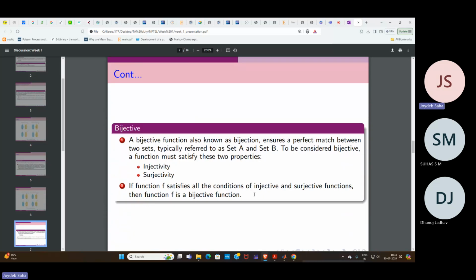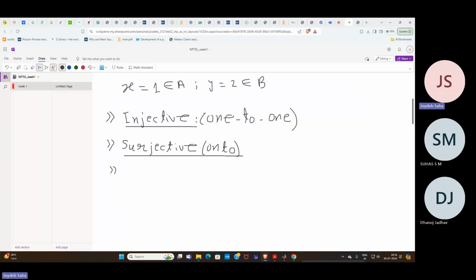Now come to bijective function. What about bijective?